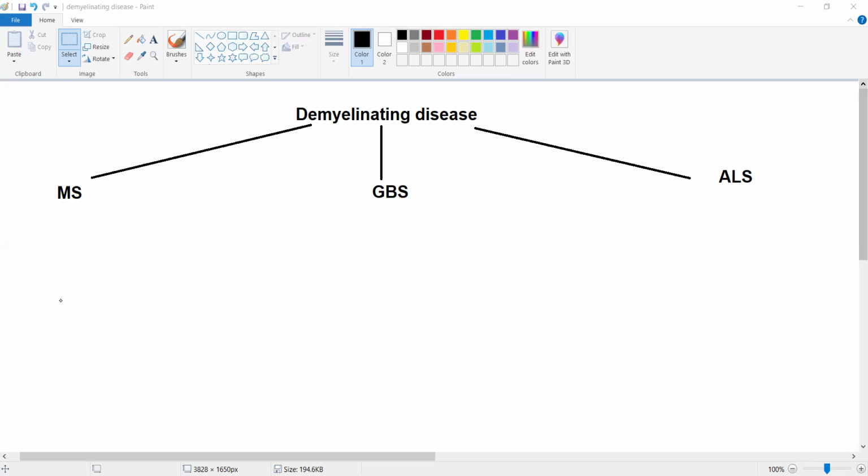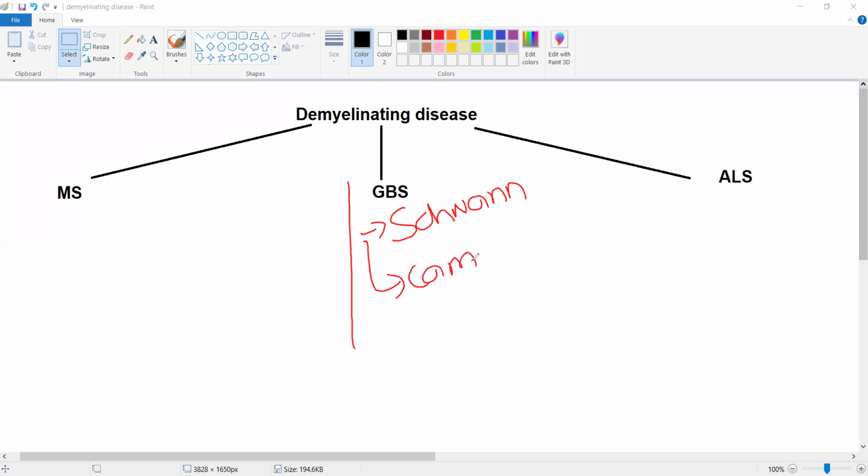Okay, so GBS. It's an autoimmune disorder. Again, which cells are damaged? The Schwann cells are damaged. It has a high yield association with some bugs, and the most high yield is Campylobacter jejuni.